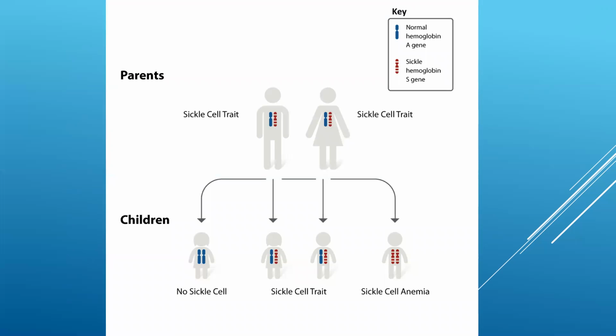This is just a picture depicting that. If each parent has the sickle cell trait, it passes on to 3 of 4 children, 2 becoming carriers, and 1 inheriting both traits and having the disease.